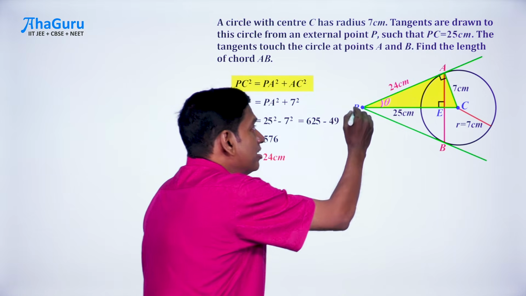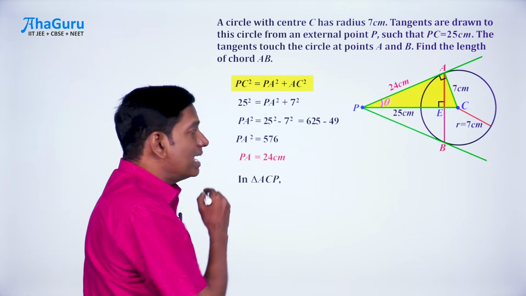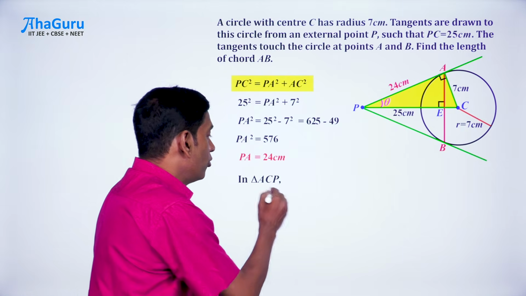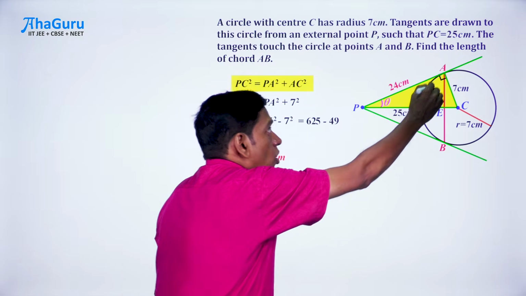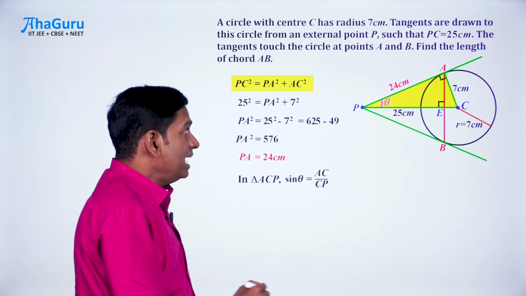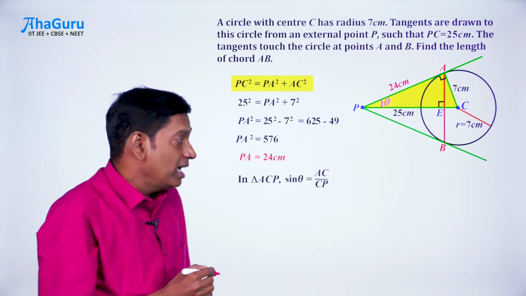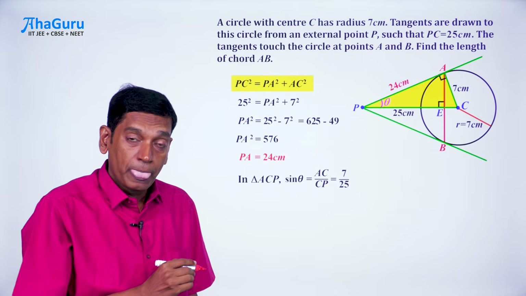Now we have triangle ACP, right? So in triangle ACP, we are going to write sin theta is opposite by hypotenuse. Opposite is AC, hypotenuse is CP. Now we know that that is 7 and this is 25, therefore it is 7 by 25.